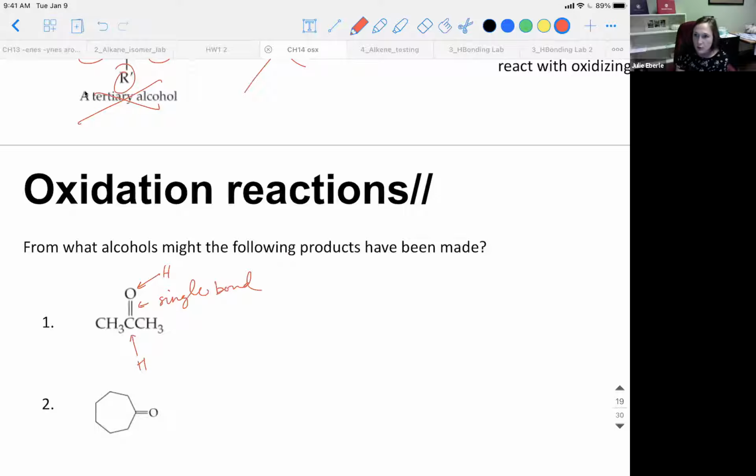We're going to undo the double bond. The double bond formed when we oxidized it, so if we're doing the opposite, we're reducing it, we're going to take it back to a single bond. So this should look like this. Now it's an alcohol, and that is a secondary alcohol, right?